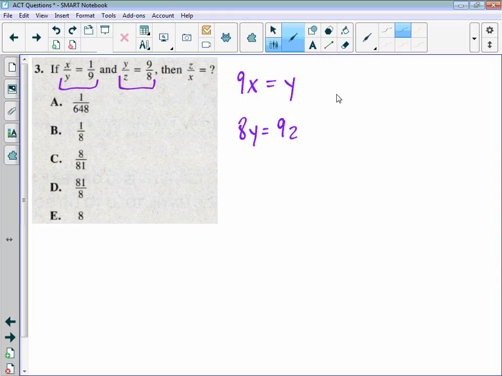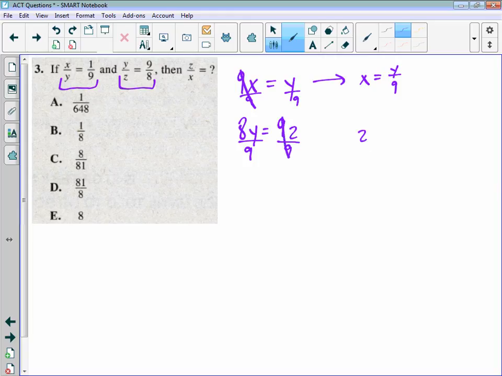So I'm going to solve the top one for x and the bottom one for z. So if I solve this for x, I get x equals y over 9. And I just did that by dividing both sides by 9 there. And then to get the z by itself here, you're going to divide both sides by 9 as well.